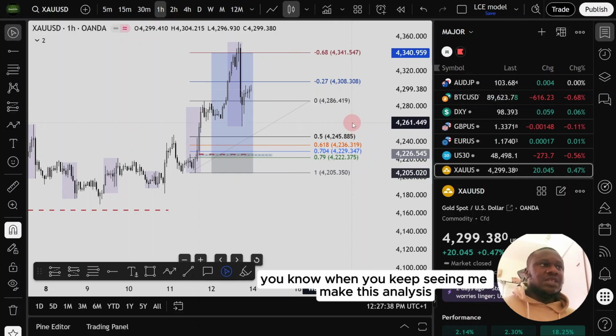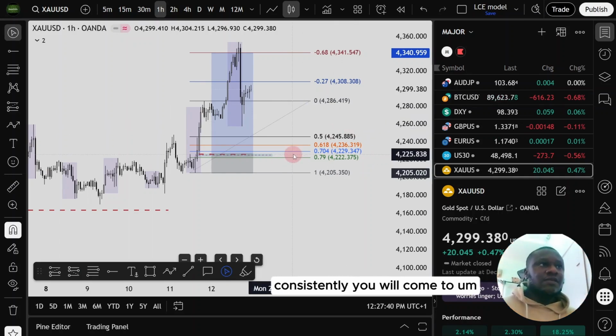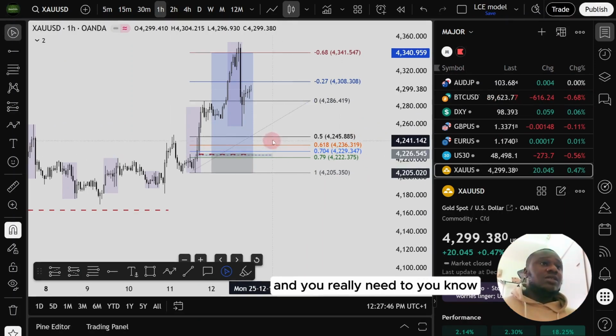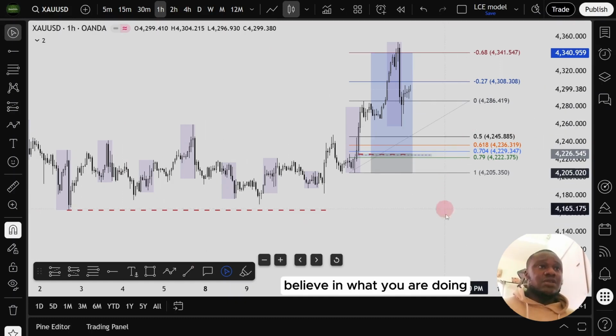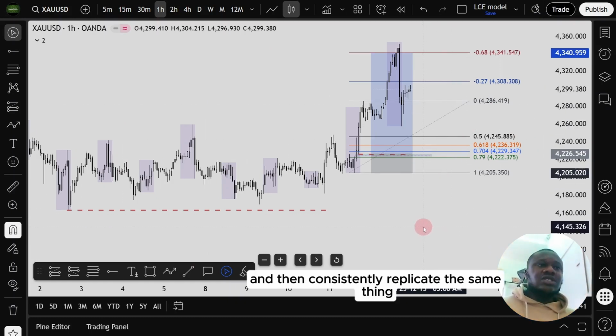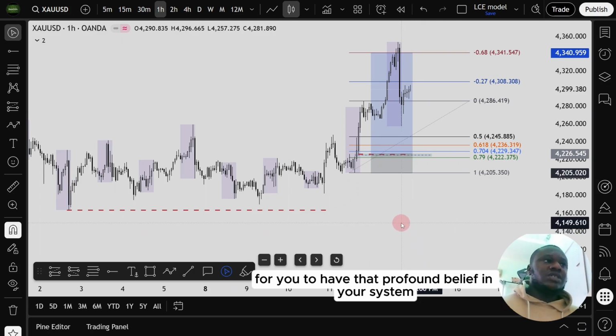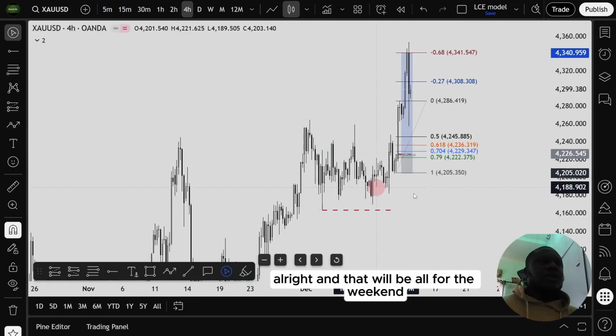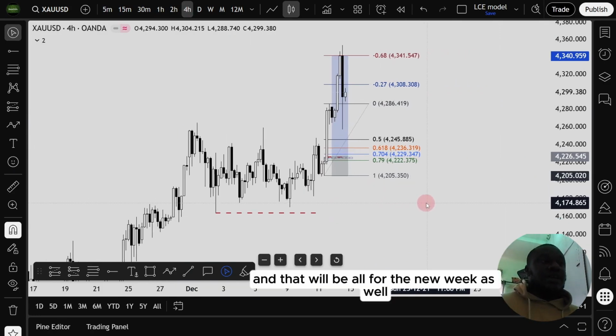When you keep seeing me make this analysis consistently, you will come to view the market from the angle I'm viewing it, and you really need to believe in what you are doing. Test your system, see that it works, and then consistently replicate the same thing for you to have that profound belief in your system. All right, and that'll be all for the weekend, and that'll be all for the new week as well.